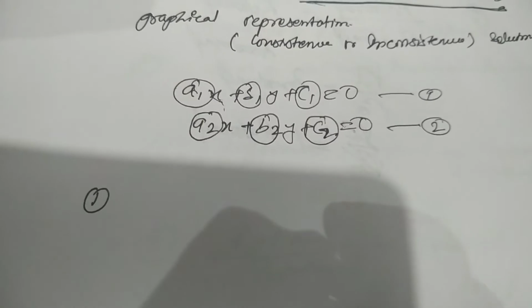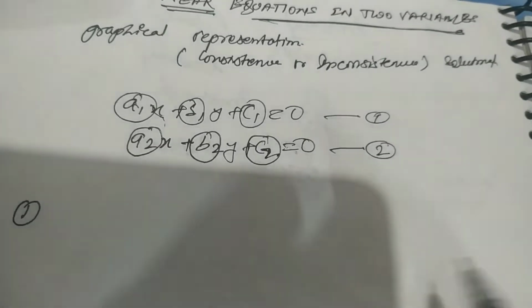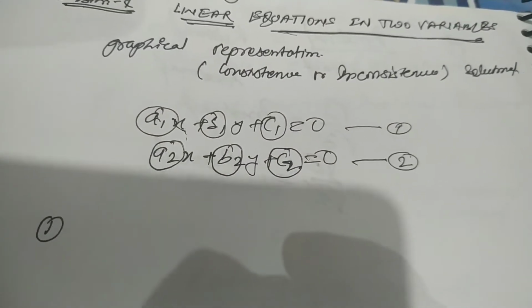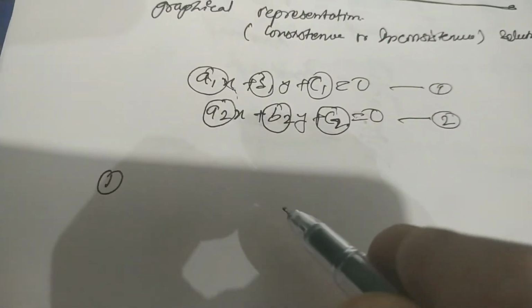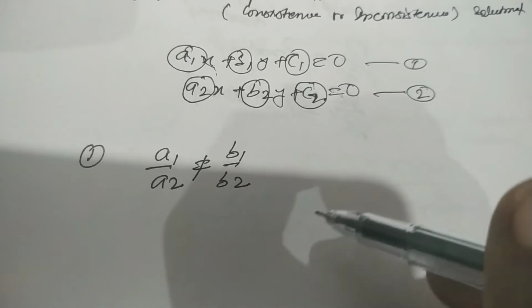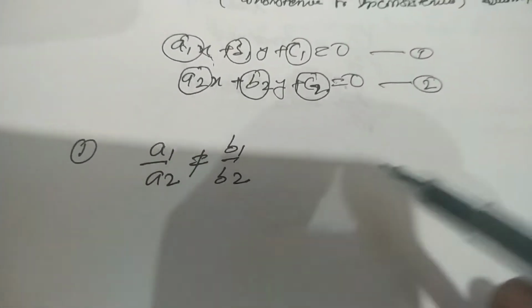Case number 1: when these two lines intersect each other, that is called a consistent solution, and there is only one unique solution of the two equations. The condition is that a1/a2 is not equal to b1/b2; it may or may not be equal to c1/c2, but the must condition is that a1/a2 must not be equal to b1/b2.